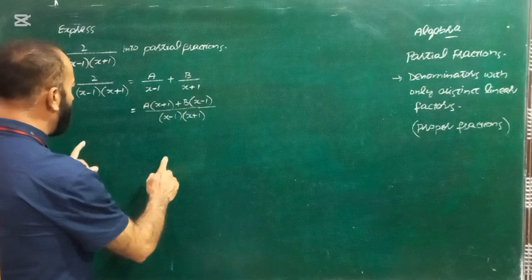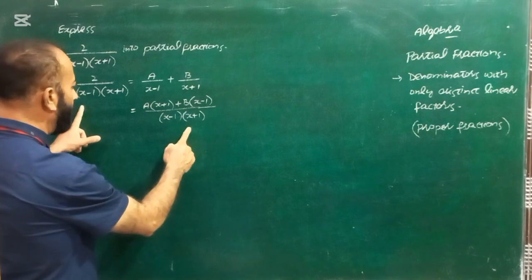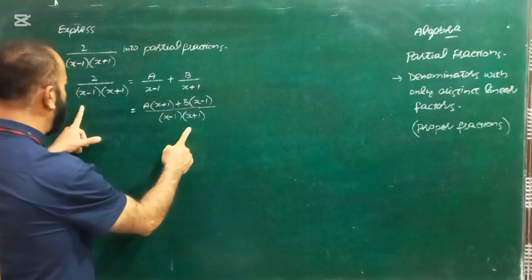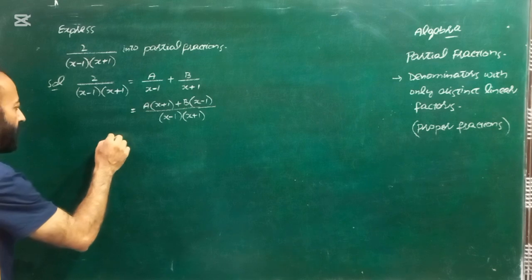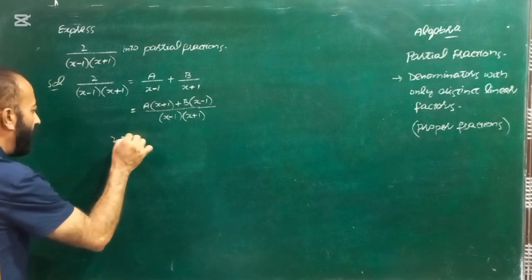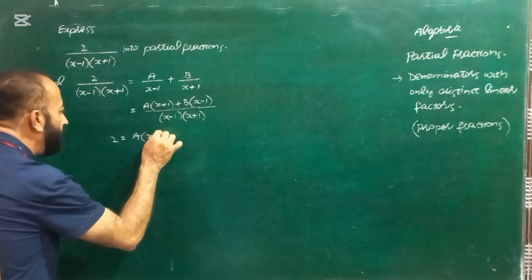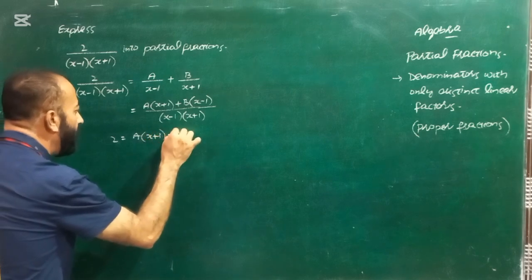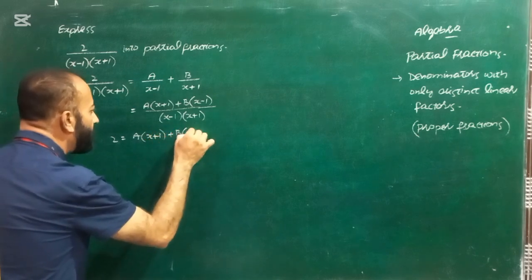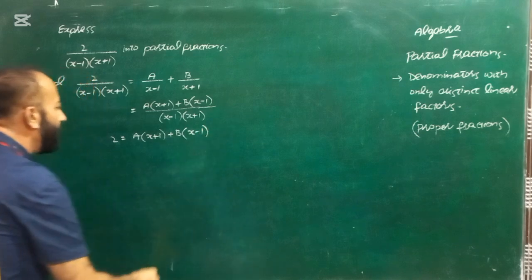At this step, you can see the denominator of both the left hand side and right hand side will be cancelled. So on the left hand side, 2 will be left, and on the right hand side, a into x plus 1 plus b into x minus 1 will be left.